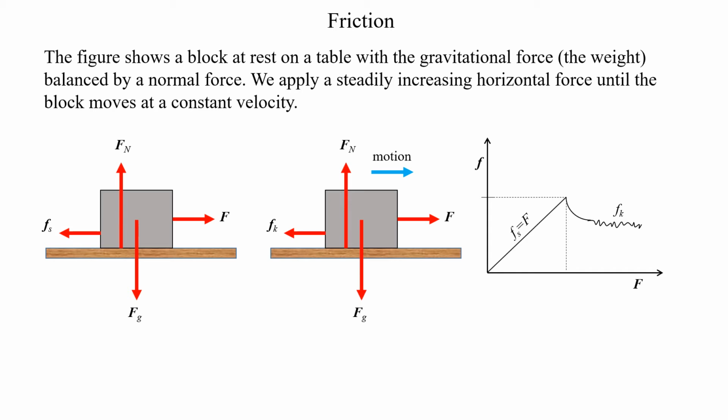Once I reach the maximum value that static force can be, if I increase F beyond that point, the box breaks free from the static friction and slides across the table. In that case, the frictional force drops and then becomes approximately constant as the block slides across the table. So the kinetic friction then stays approximately constant as the box is sliding. But before we start moving, the static friction will always exactly equal the applied force because there's no motion horizontally, so those forces must be equal and opposite.